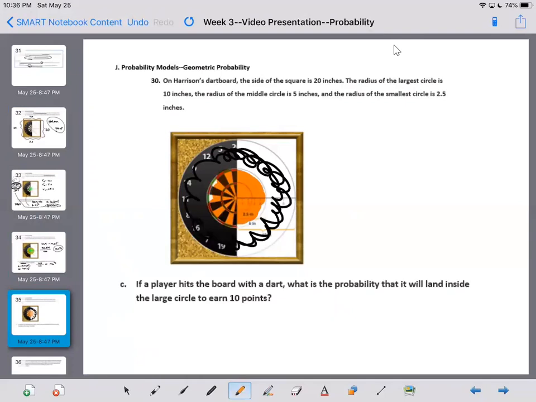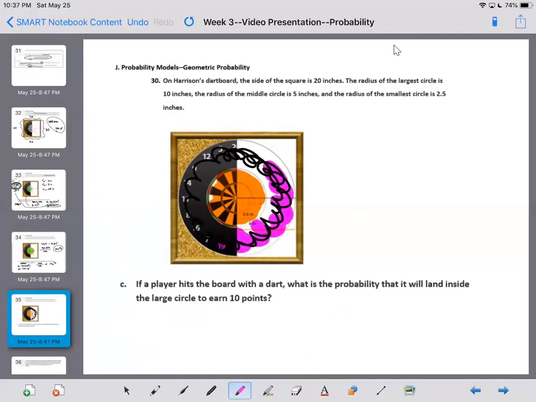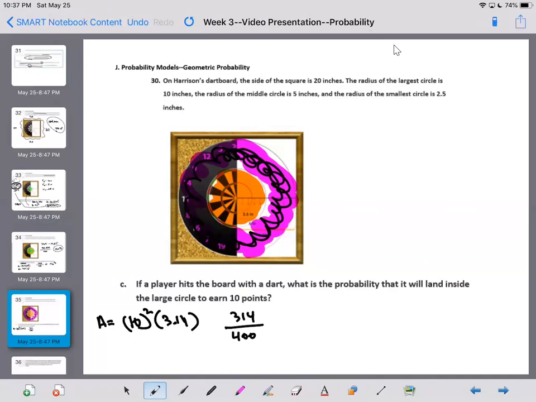Then that would tell us what would be left over in this purple region. We take the area of the large circle, which has a radius of 10, square that, and multiply it by 3.14. So 3.14 times 100, which is 314, divided by 400, would be a 78.5% chance.